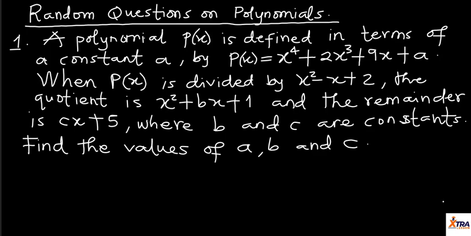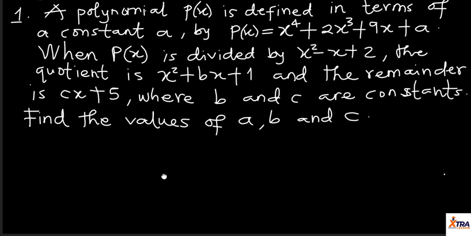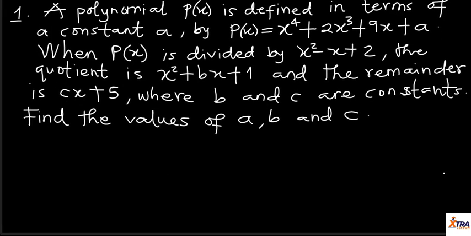Now, if you look at this question critically, you realize that we have a particular polynomial with an unknown value a, and then we are given a divisor, then we are given the quotient, which has an unknown value b, and then we're also given the remainder, which has an unknown value c.